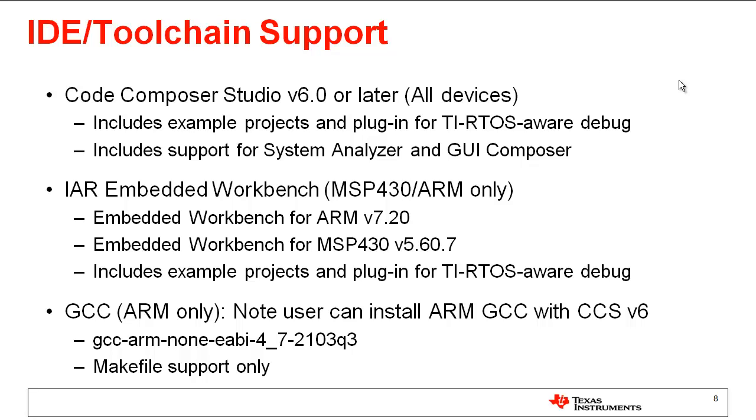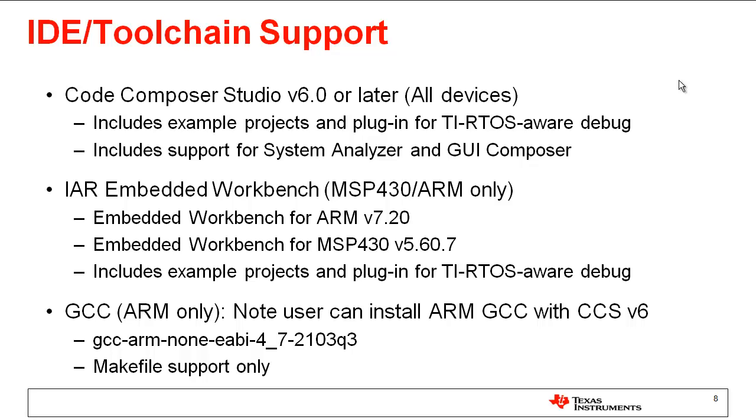We now also support IAR Embedded Workbench, both for MSP430 and our ARM versions of TI-RTOS. You can see the various versions you need to use here, but the key point with IAR is we also have TI-RTOS-aware debug there. We have a plugin for that, so you can again look at whether tasks are ready to run, what tasks are blocked on which semaphore, all that kind of RTOS specific information.